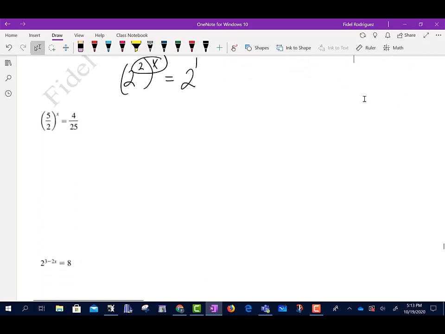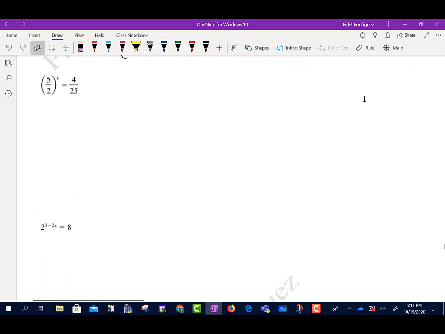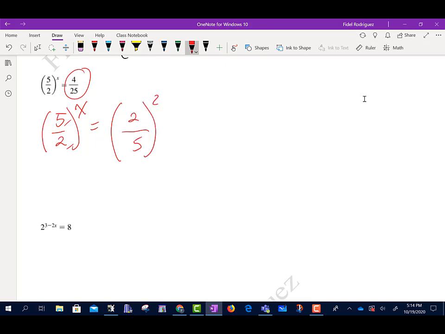Let's see if we can solve the next one here. I'm going to go about it the same way. Here I have 5 over 2 to the power x equals, and I'm going to try to rewrite this part so that I see 5s and 2s in there. How about if I think about this as 2 over 5 squared? Now, my base numbers aren't exactly the same. This is 5 over 2, this is 2 over 5.